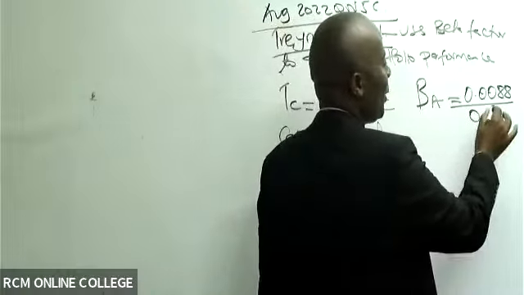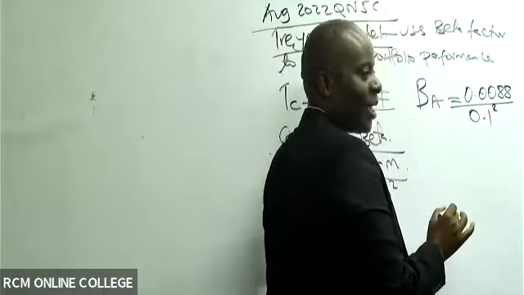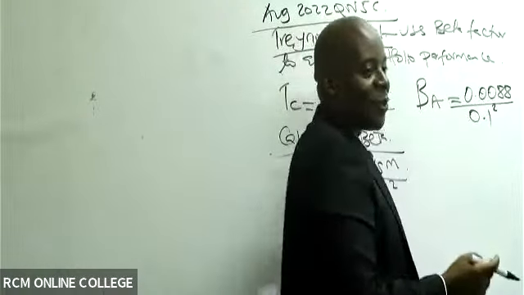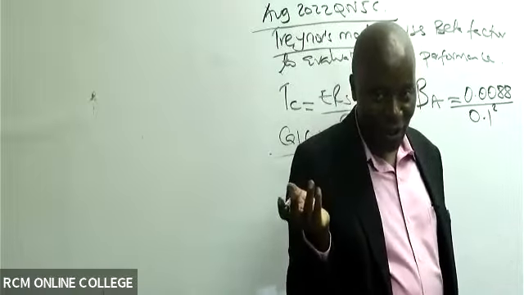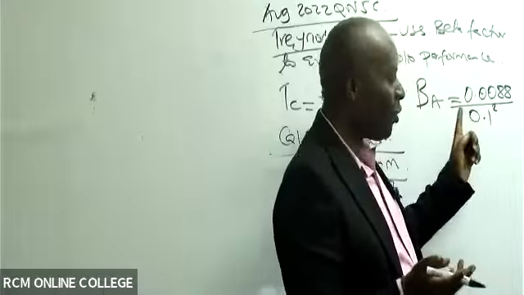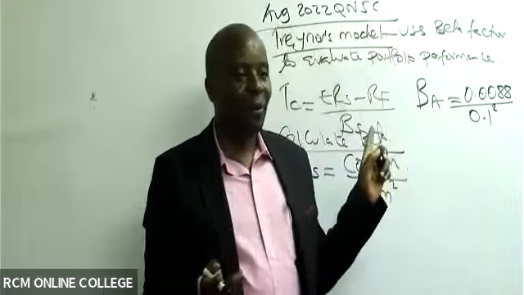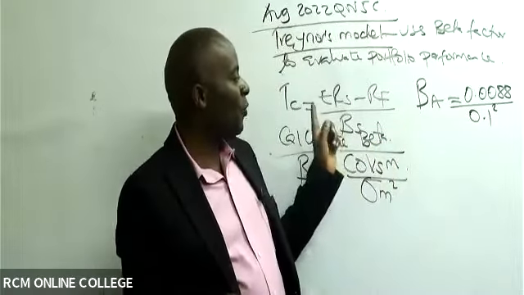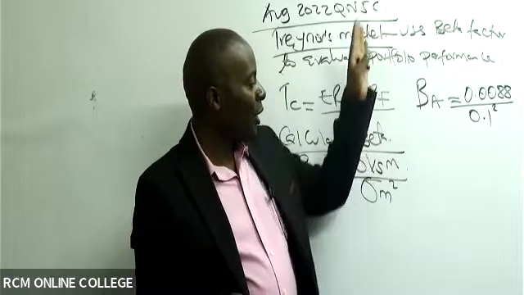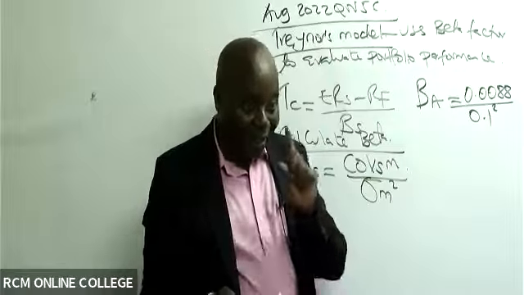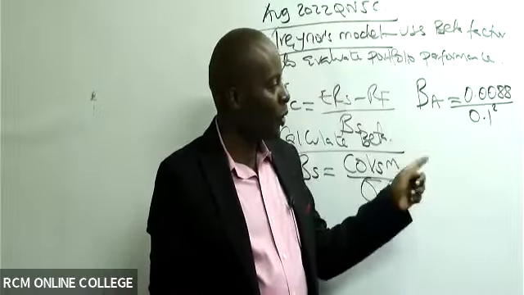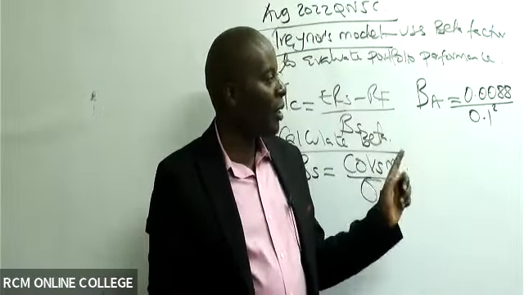Do you know why I'm putting this as 0.1 and not 10? It's because the covariance up there has not been given in form of percentage. So I also must make this a normal number. This covariance has been given as a real number, so even our standard deviation here has to be given as a real number.